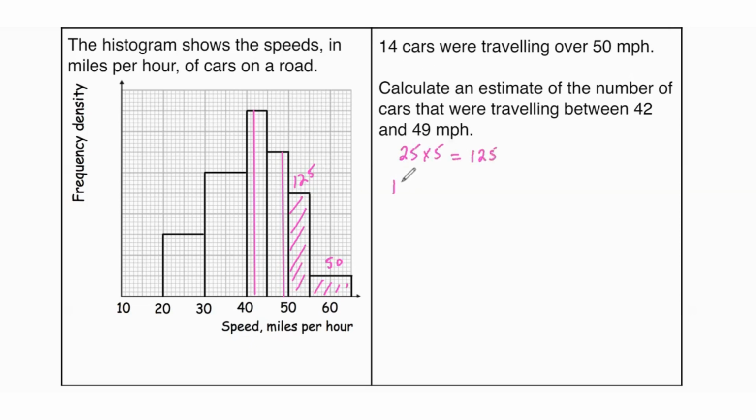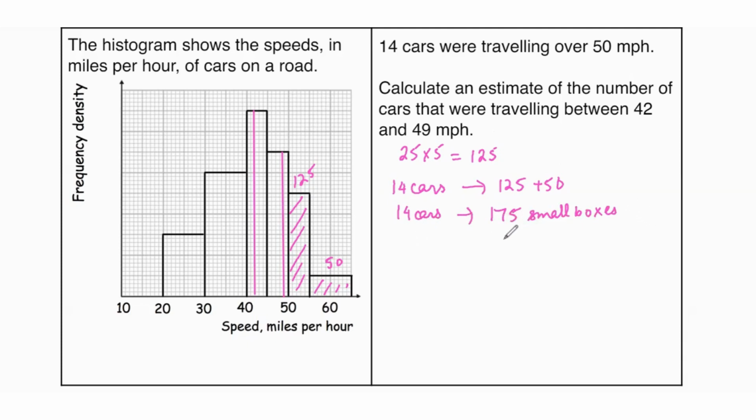So now we know 14 cars are basically represented by a total of 125 plus 50 boxes, which is basically equal to 175 small boxes. That's what I'm going to write over here. So 14 cars equal 175 small boxes.